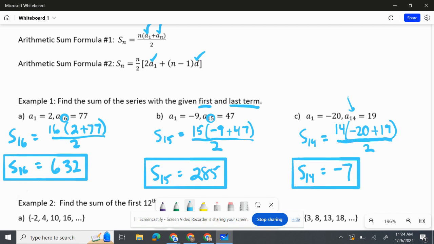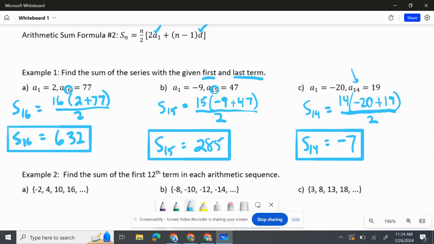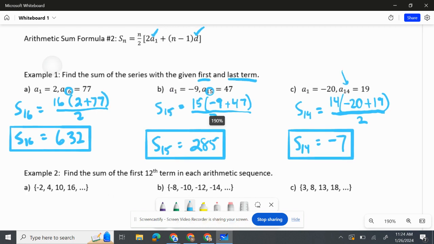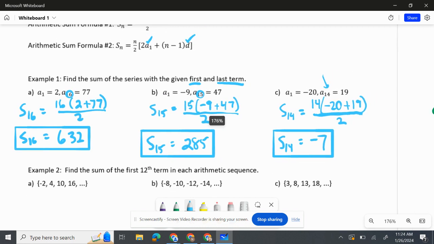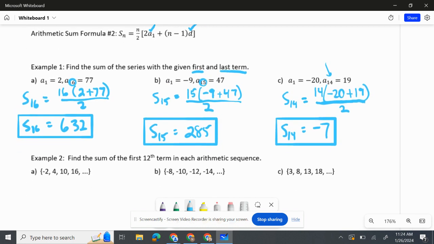Now for our next ones, we're going to find the first 12 terms. And notice that they're not giving us a last term because it has a dot, dot, dot. We know our first term is -2, and we see that it's going up by 6. So we're going to find the sum of the first 12 terms.